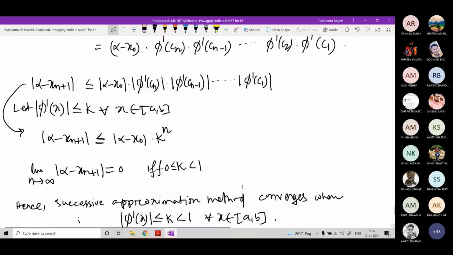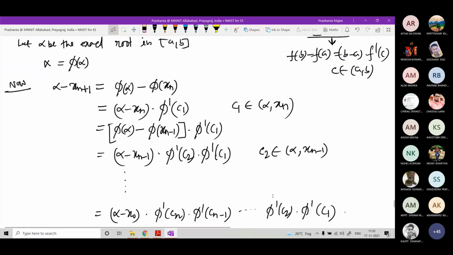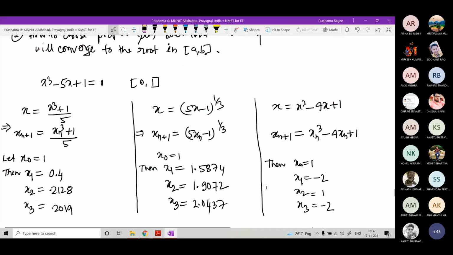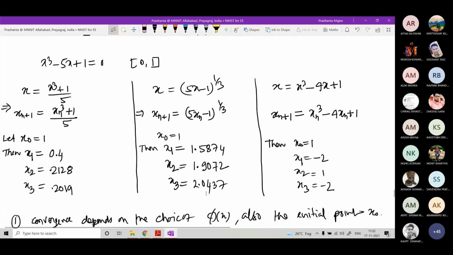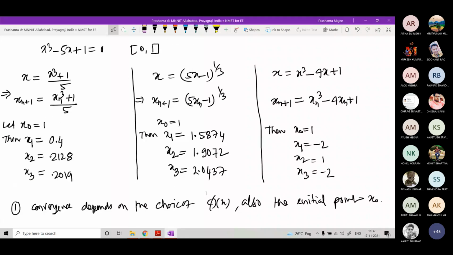So now, the three phi functions that we chose, in each of the three cases, tell me what is the maximum value of phi dash x in the interval 0 to 1. Tell me here.